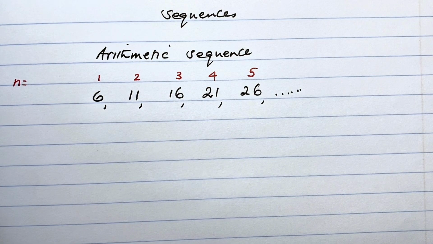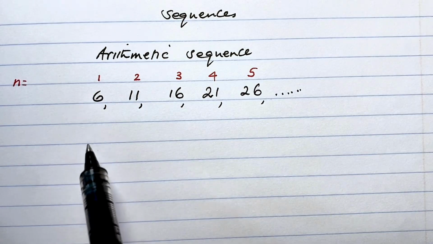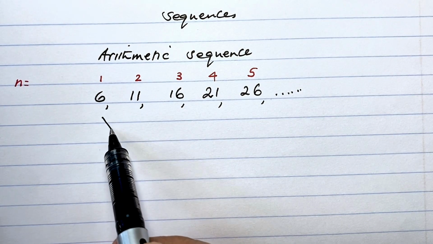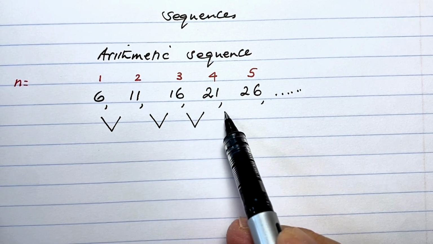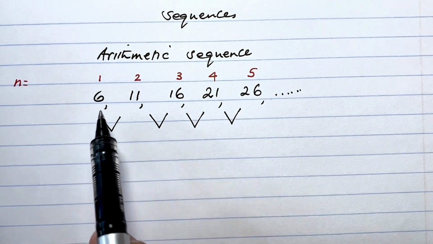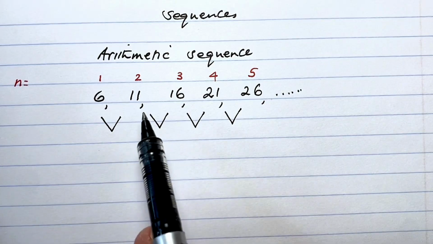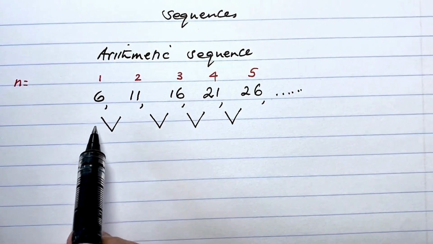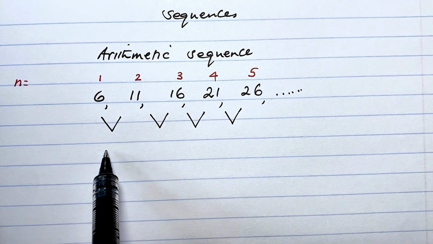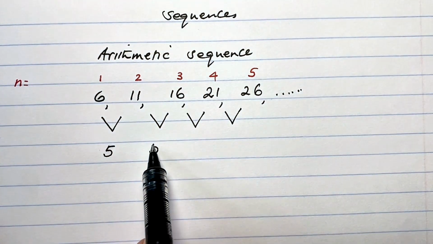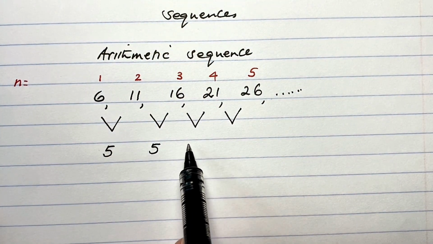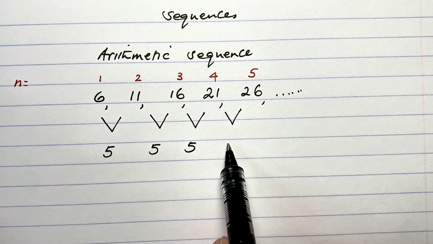So in order to find the nth term, I'm going to find the first difference, the difference between the numbers, so I know by what number they've gone up. So 11 take away 6 is 5, 16 take away 11 is 5, 21 take away 16 is 5.